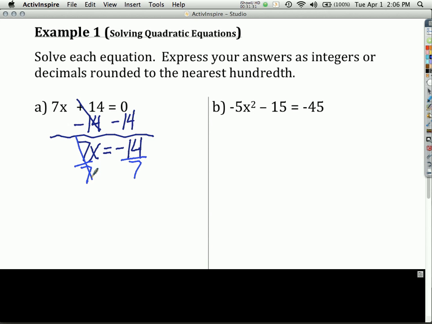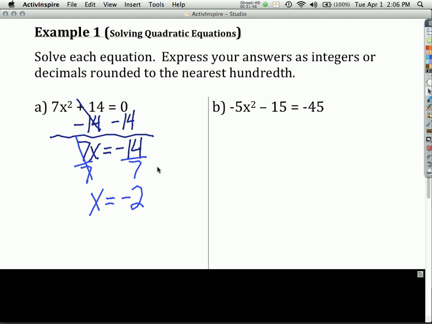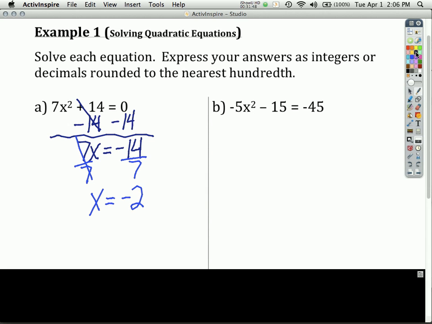This cancels out, and you're left with x equals negative 2. That would be the solution if it was a linear equation. But it is not linear because this is actually squared here. We don't ignore that. So let me put the squared back in. This is really 7x squared, and this is really x squared equals negative 2.